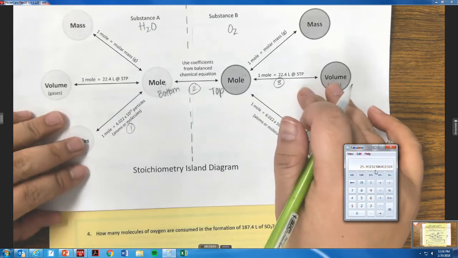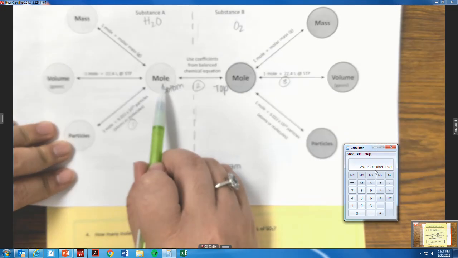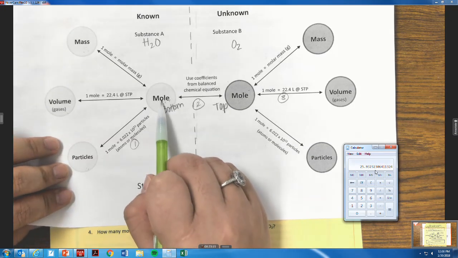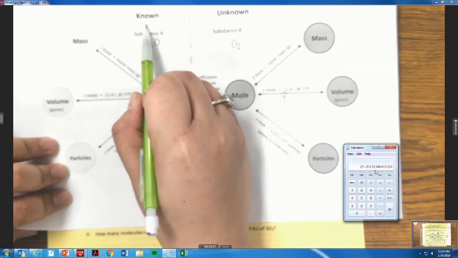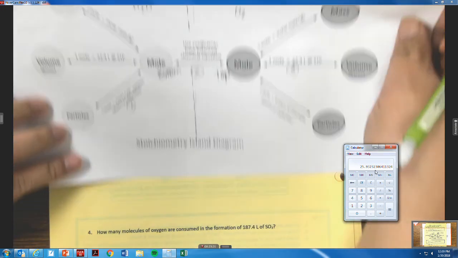Okay, next, the second conversion factor is going to be from mole to mole. What goes on bottom is the mole of your known substance, and on top is the mole of your unknown substance.